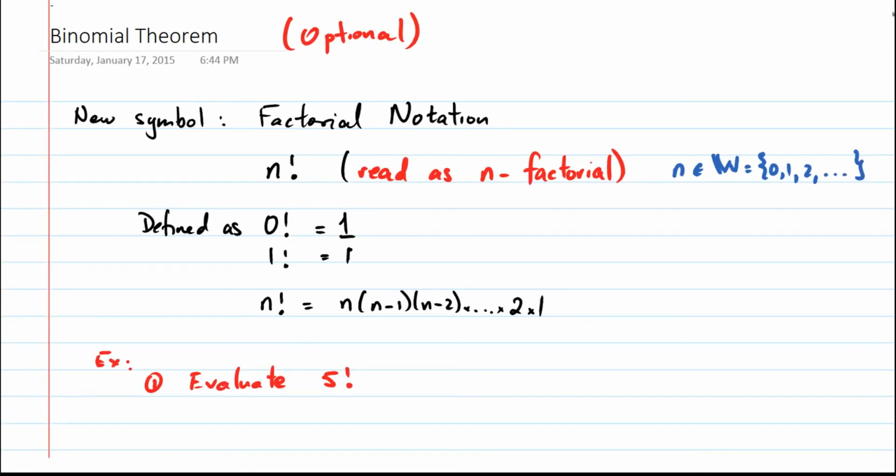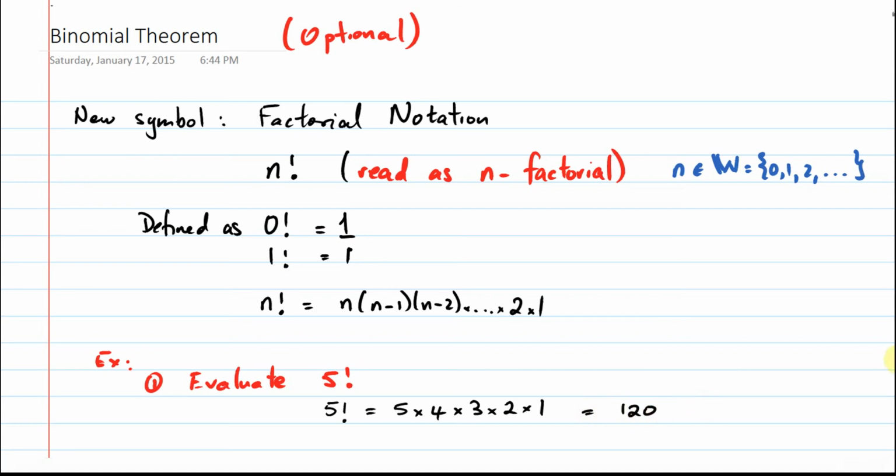Writing this out, we would have 5 times 4 times 3 times 2, all the way down to 1. So decreasing, the last factor is 1. There are no negative numbers as we go through. And when we evaluate this, it is nothing more than 120.